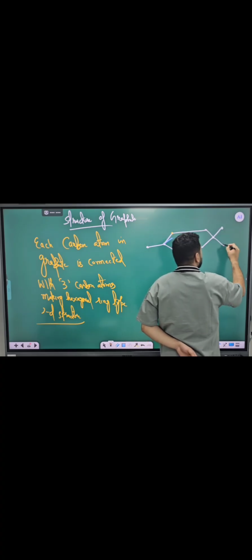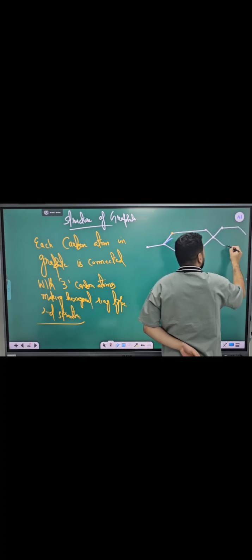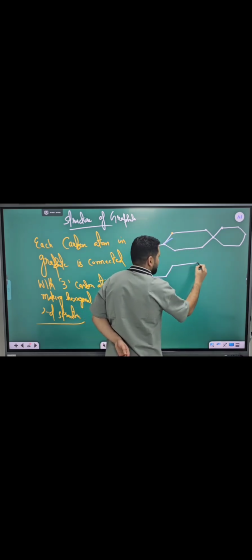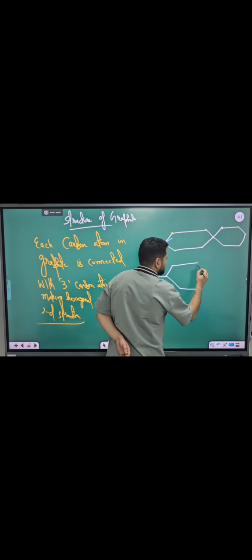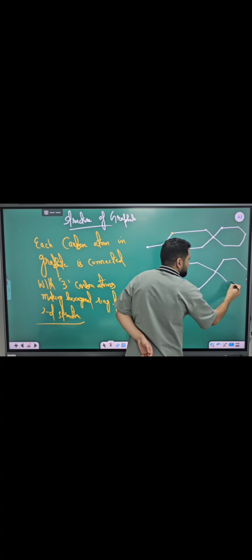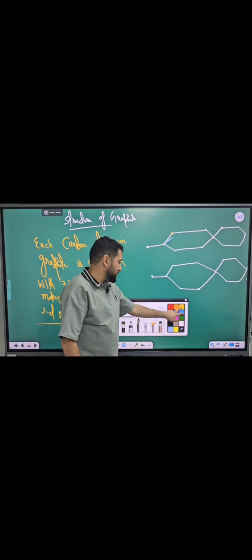In the same way, there will be one more same type of structure here, right? So these are hexagonal rings. You can check out, these make the hexagonal rings.